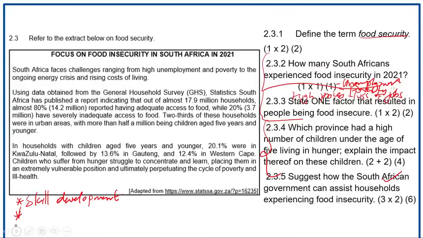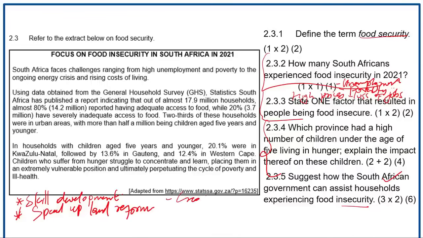And also, because we're talking about people that are food insecure, we can talk about speeding up land reform. Make sure that people have land where they can cultivate and produce their own food. Speed up land reform.